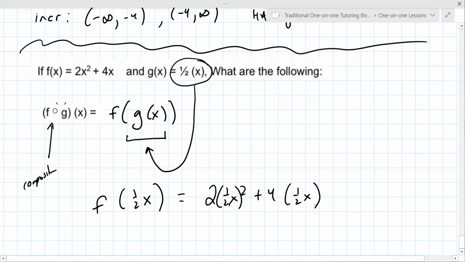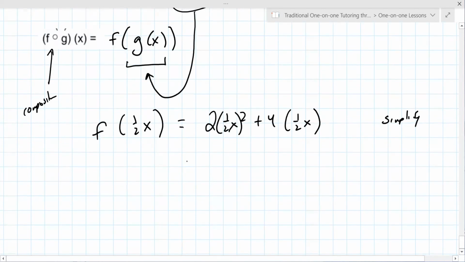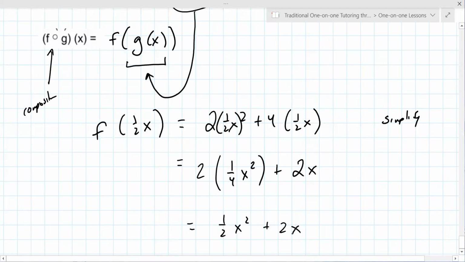Okay, now you've got to simplify. 1/2 x squared is 1/4 x squared. 4 times 1/2 x is 2x. And you multiply this 2 in and you get 1/2 x squared plus 2x.